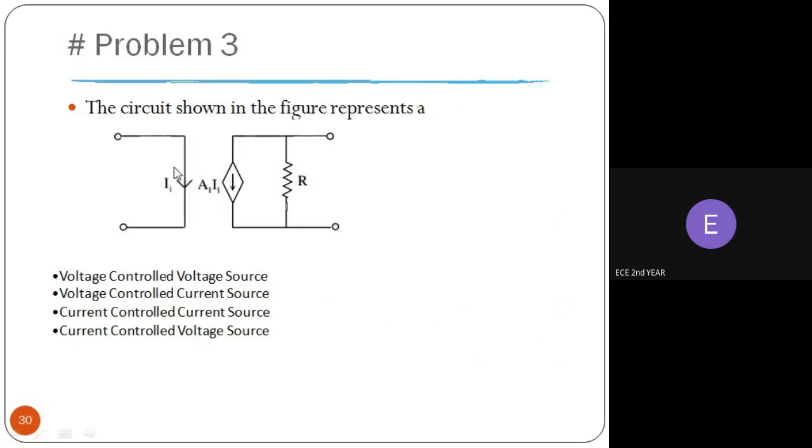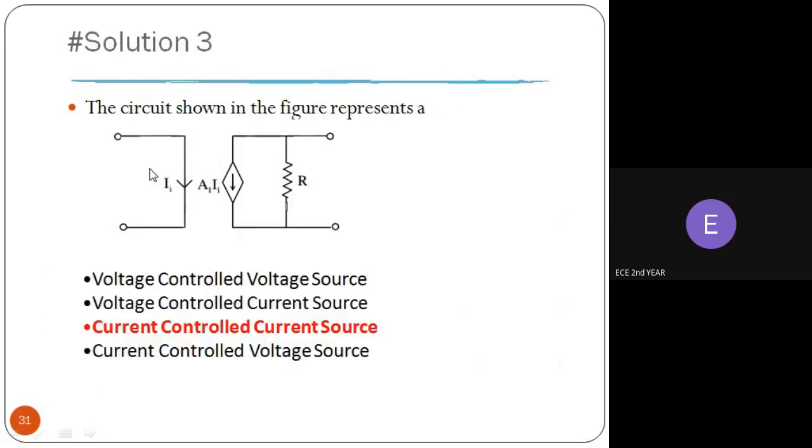When the value of I1 varies, the total current source value also varies, which is called a current controlled current source. The source is a current source, and its value is controlled by the current flowing through this branch I1. So this is called a current controlled current source.